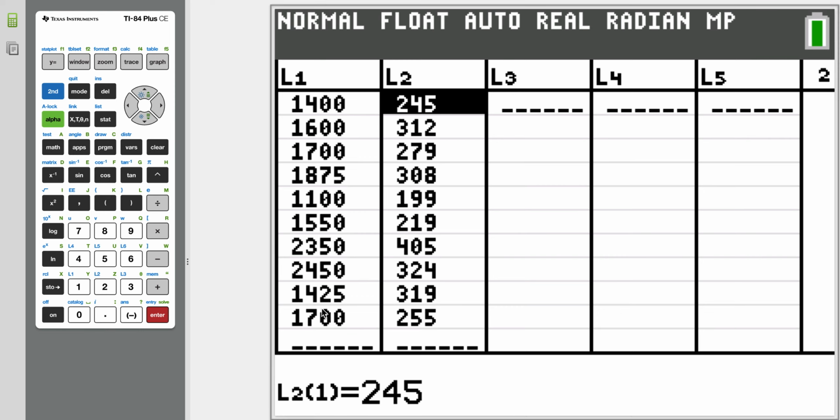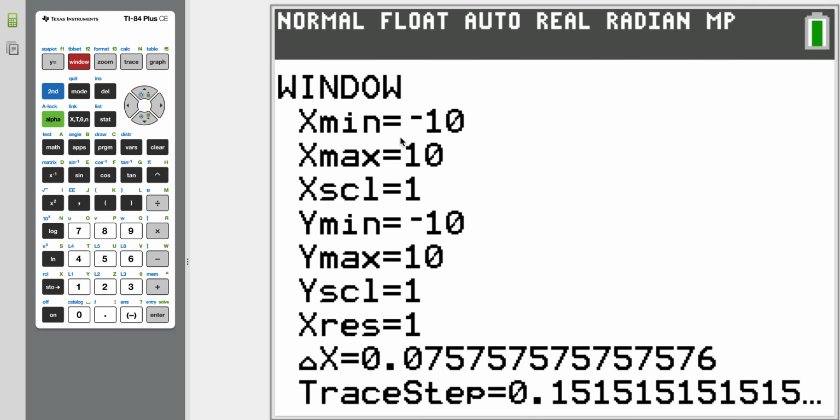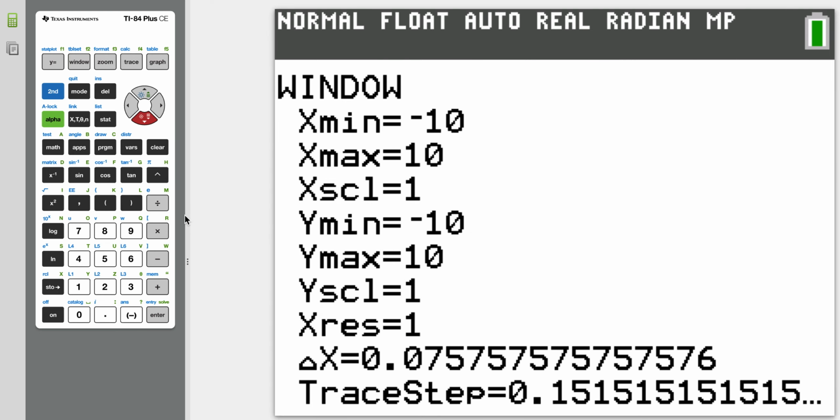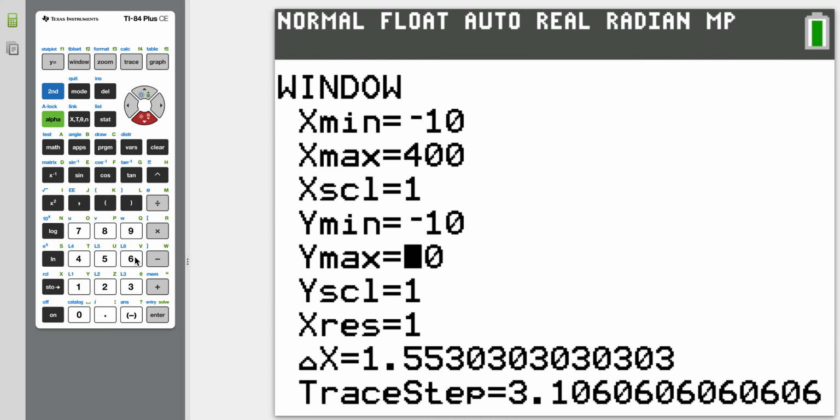Those are going all the way up to like 3,000, 4,000 square foot house. And then my prices are going all the way up to like 405,000. So I've got to make sure my window is correct. So I'm going to let these houses go all the way up to, let's say, a 4,000 square foot house. And then I'm going to let them cost all the way up to, let's say, 500,000.